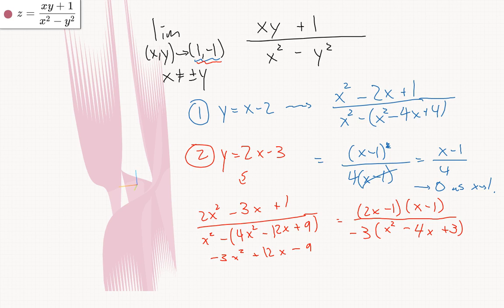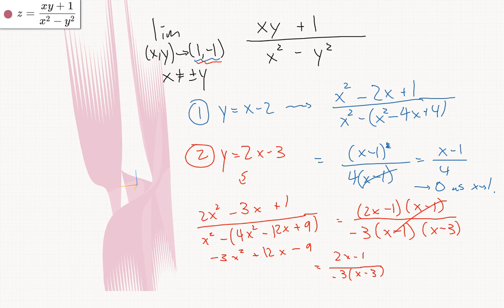And that factors as (x minus 1)(x minus 3). Then we cancel this from the top and bottom. We get (2x minus 1) over (negative 3x minus 3).